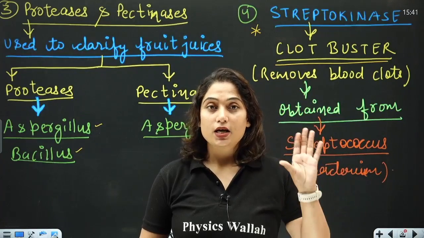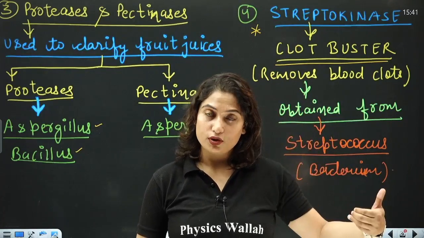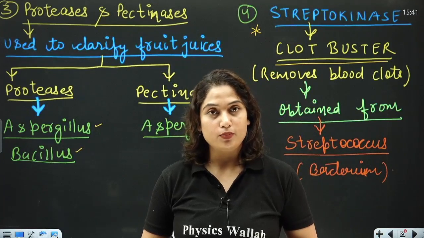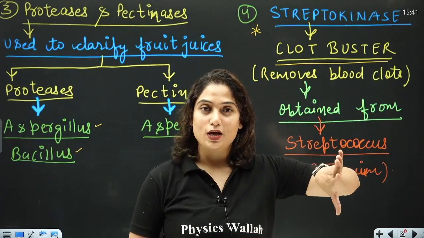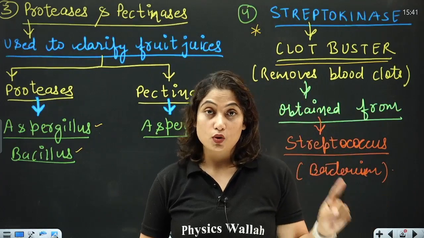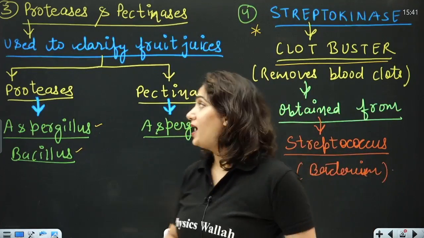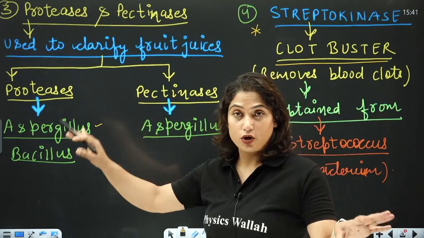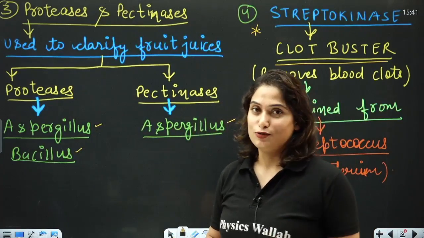So when the juices are bottled, before that, they are treated with pectinases and proteases so that the juice becomes clear. So in bottled juices, pectinases and proteases are used to clear the juices. They are obtained mainly from the fungi Aspergillus, and Bacillus bacteria is also used.